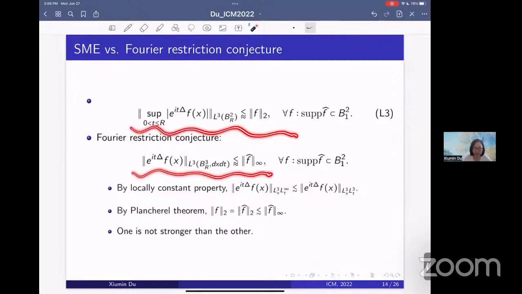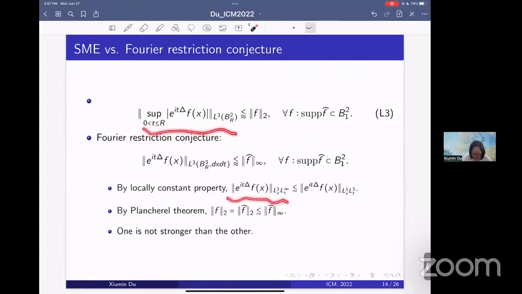Let's compare them. Consider the terms on the left-hand side. This one here is a mixed L3 L infinity norm, while this one is a regular L3 norm. By the locally constant property, the absolute value of the Schrödinger solution is essentially constant on any unit cube. So this mixed norm is bounded above by the regular L3 norm.